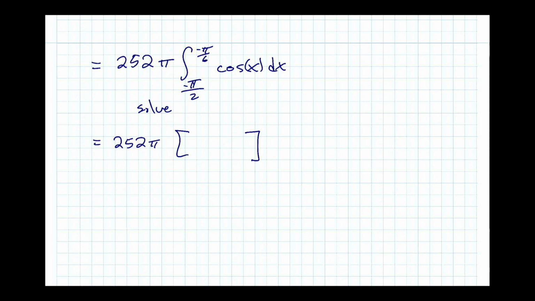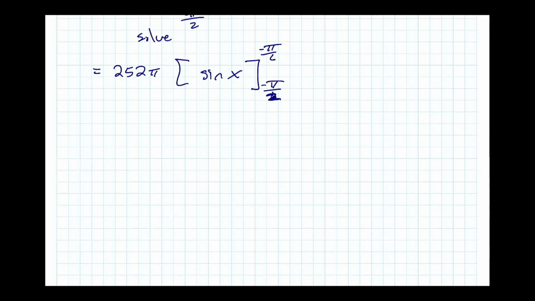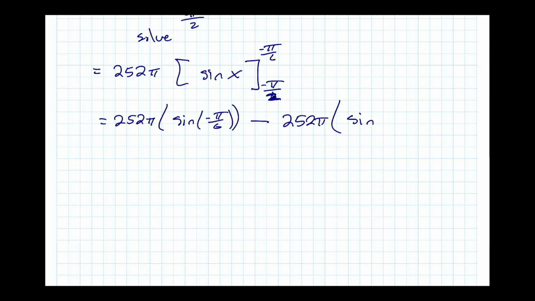You need an antiderivative. The antiderivative of positive cosine is positive sine. Oops, it's a 2. And then you plug in your endpoints. So 252 pi, plug the negative pi over 6 in here, sine of negative pi over 6, minus 252 pi, parentheses, sine, plug the bottom limit in, negative pi over 2, like this.